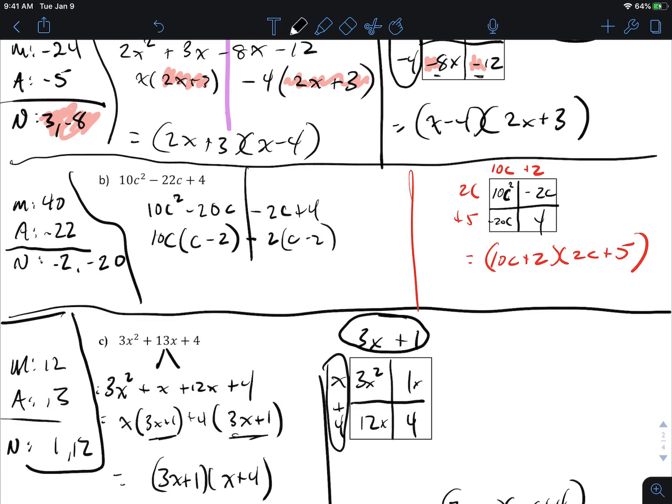There's another one. You gotta figure these out. See, I already know the other one's not right, because if I expand this, you get 20c squared. Huh.